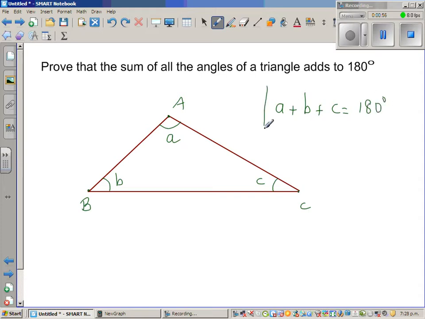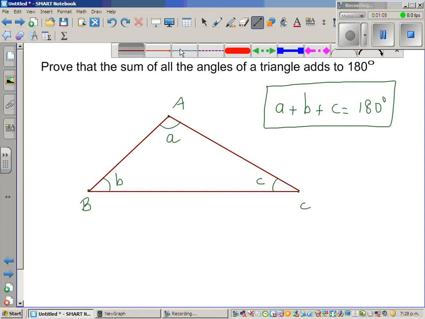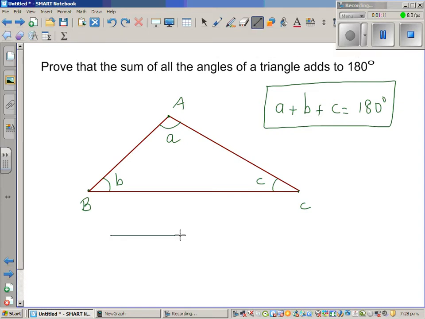Okay. Now, before we prove this, I hope you know that alternate angles are congruent. So let me draw parallel lines. Suppose this is a pair of parallel lines, and this is a transversal.